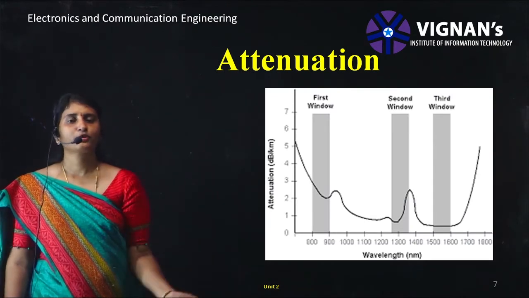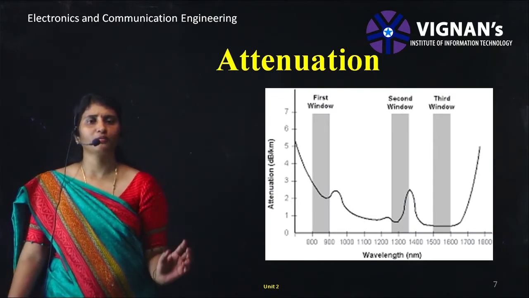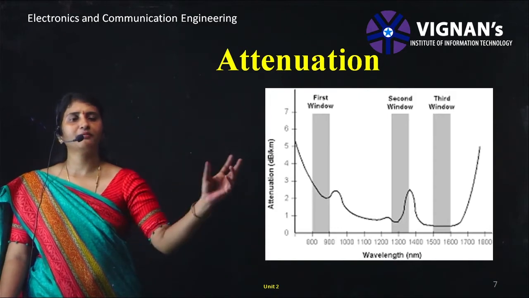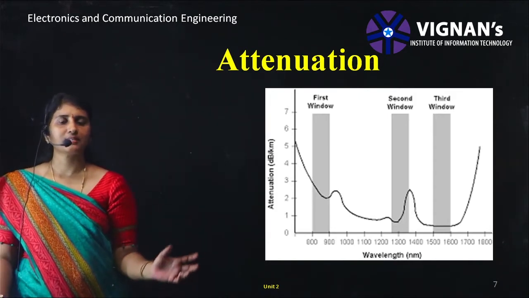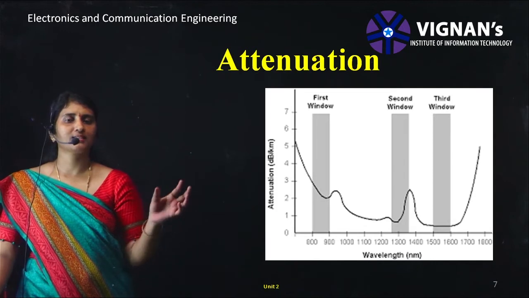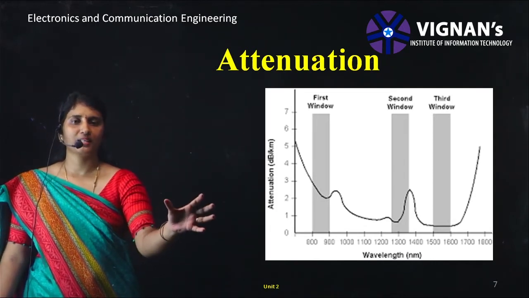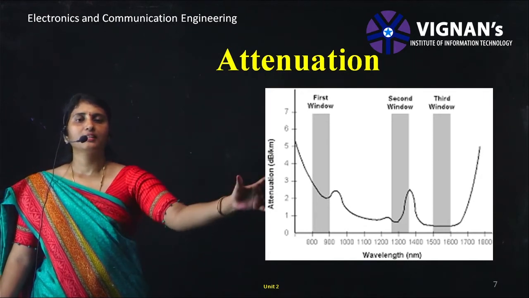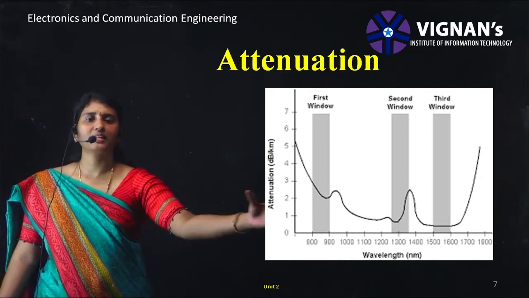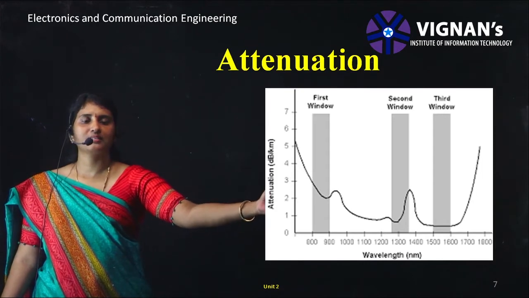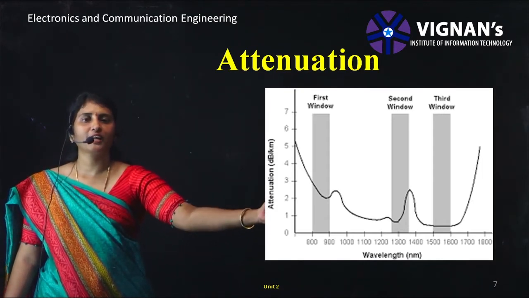This graph shows what amount of attenuation is occurring at different windows of operation. As you know, optical wavelengths are mainly confined to three windows of operation. First window is around 850 nanometers, second window is around 1300 nanometers, and the third window is around 1450 to 1500 nanometers.